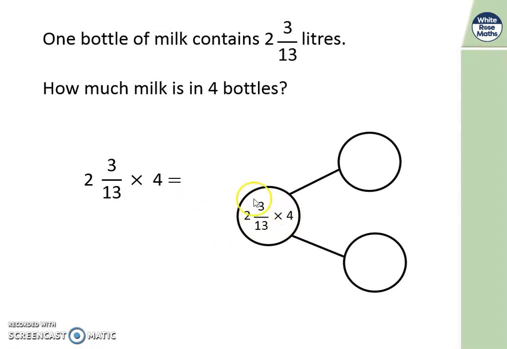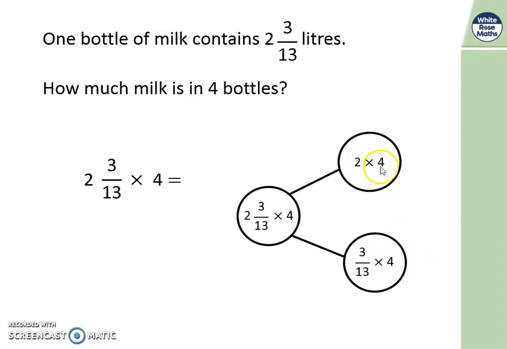Now we can imagine making this into the part-whole model, splitting it down like we just did in our get ready questions. So we're going to split it down into our whole ones, 2 times by the 4 first, up here. And then I'm going to do my fraction, 3/13 times by the 4, down here.